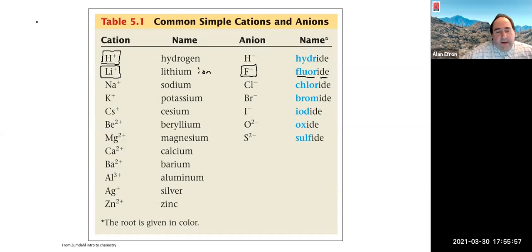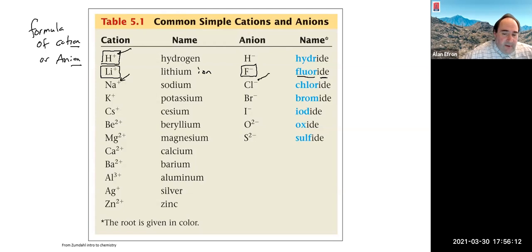Important: if you're asked to write the formula of a cation or an anion, because they are ions, you do need to make sure you include the charges.